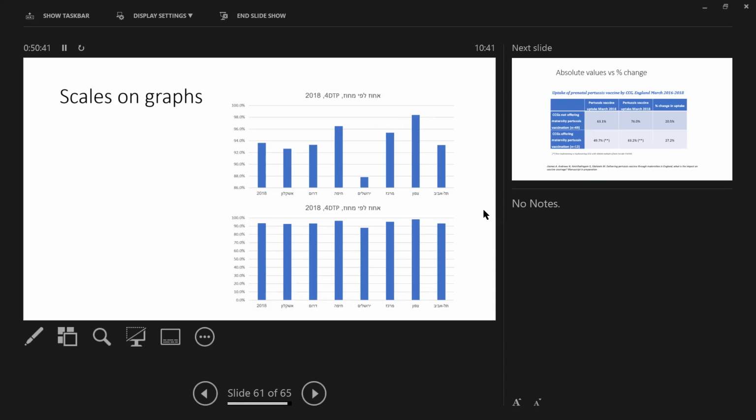Look. This is the proportion of children fully vaccinated for the DTP vaccine. There are two messages you could bring. You could choose to say, really, in Israel, in each region, there's not a lot of difference, or you could say Jerusalem is under vaccinated compared with the others. It depends if you think that a 1 or 2% difference in vaccination is important or not.